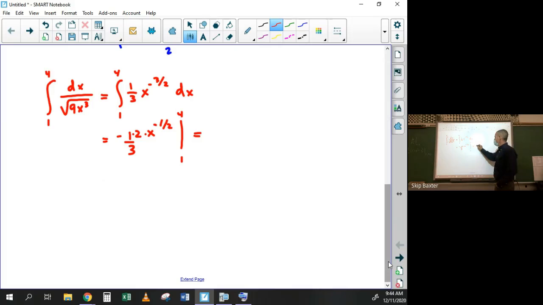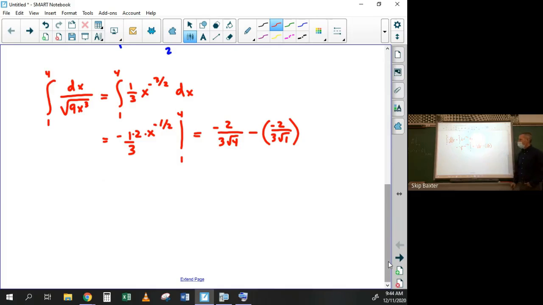So this is like -2 over 3 radical 4 minus -2 over 3 radical 1. I'm plugging in 4, and then I'm plugging in 1, and I'm subtracting the two. So this ends up being -1/3 plus 2/3. The answer is 1/3.